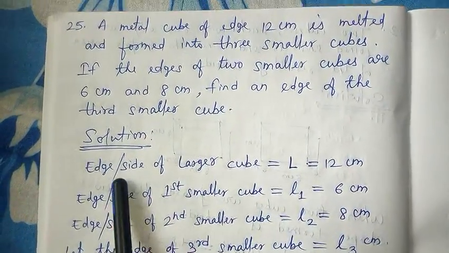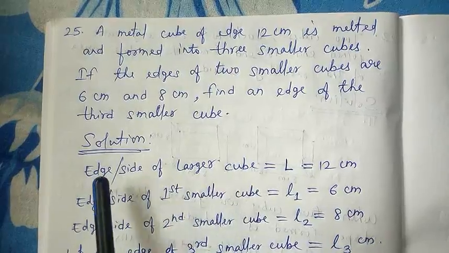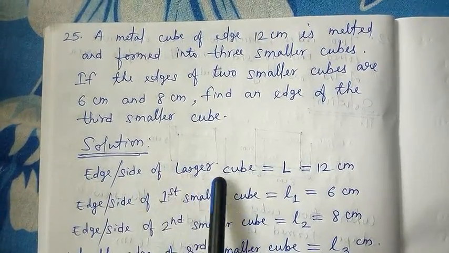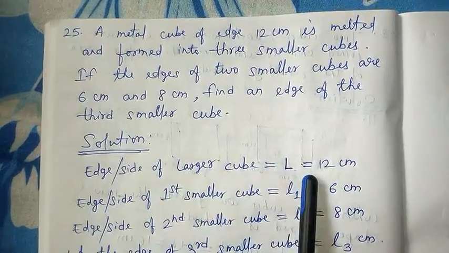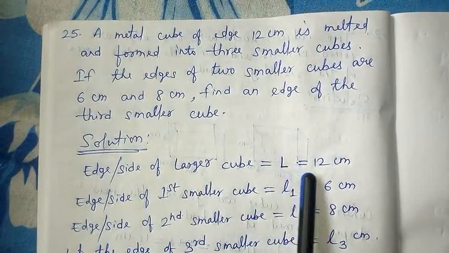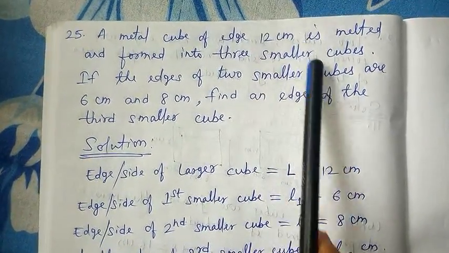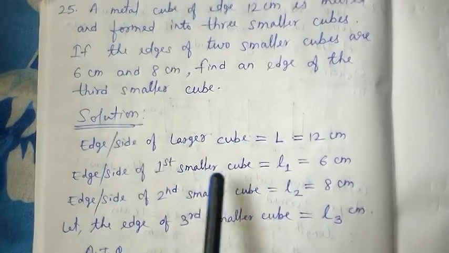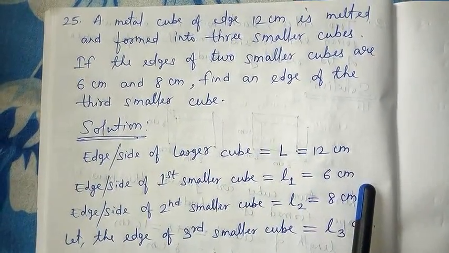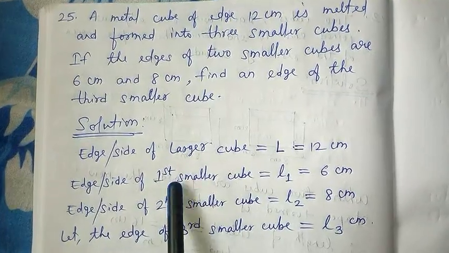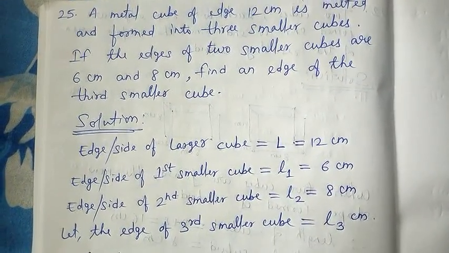So edge and side of a cube is the same, so I can say the edge or side of the larger cube, I have denoted with capital L, because larger, equal to 12 centimeter, given. Edge of the first smaller cube is 6, I write l1 equal to 6 centimeter, and for smaller I am writing small l.